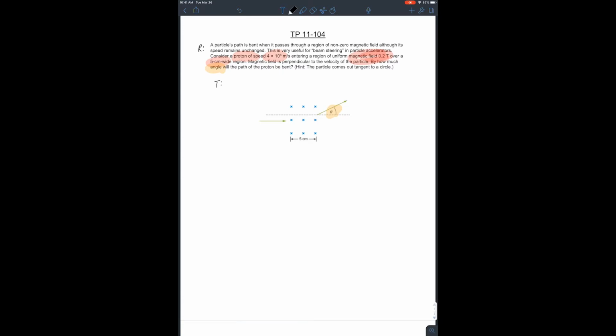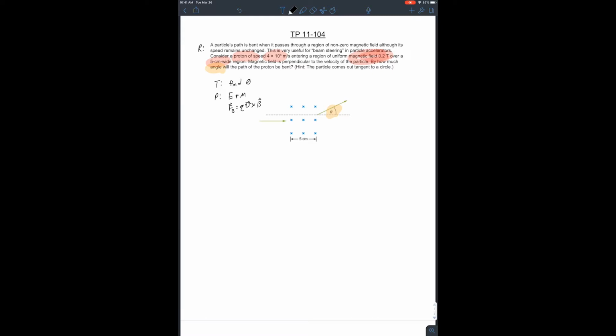Our task is to find theta, and for our physics, you should be thinking E and M as we go through this problem. Specifically, I want you to be thinking about the equation for the force on a charged particle as it moves through a magnetic field. Additionally, since our magnetic field is perpendicular to the velocity of our particle, we're not going to be changing the speed of our particle at all.